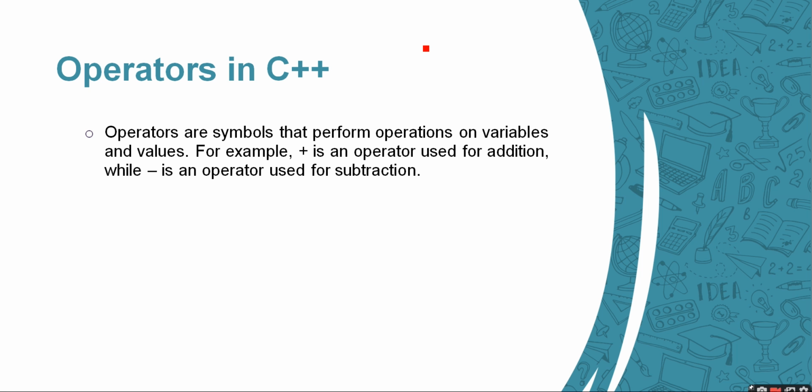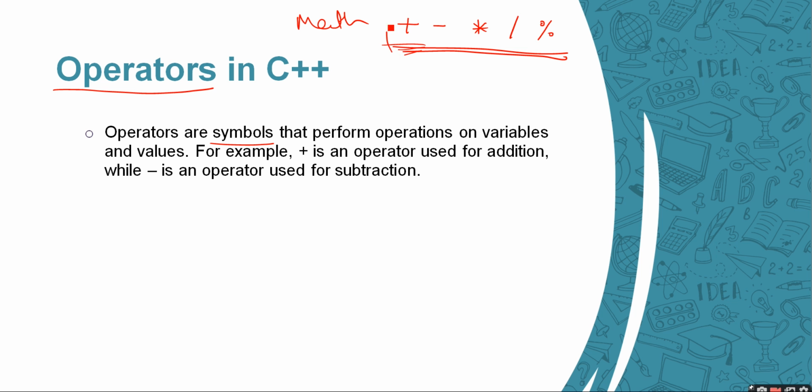Okay, got it, right? So what are operators in C++? Operators are first of all symbols. In mathematics, we have seen so many symbols like plus, minus, multiplication, division, modulus, right? In the same way, in our programming language, these symbols have a different name, which is operators.